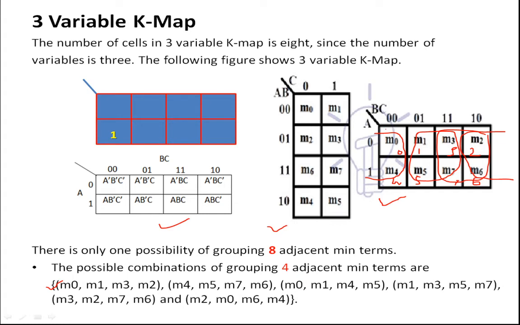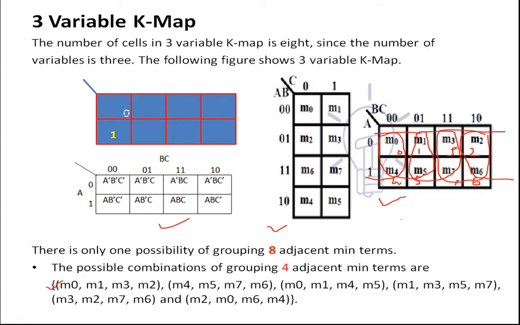Or m0, m1, m4, m5 is also one, already I have told this. So there are maximum possibilities for a 4 grouping, and still more possibilities for 2 grouping. First we have to see which is the maximum group and go for that, then go on to the next maximum group.